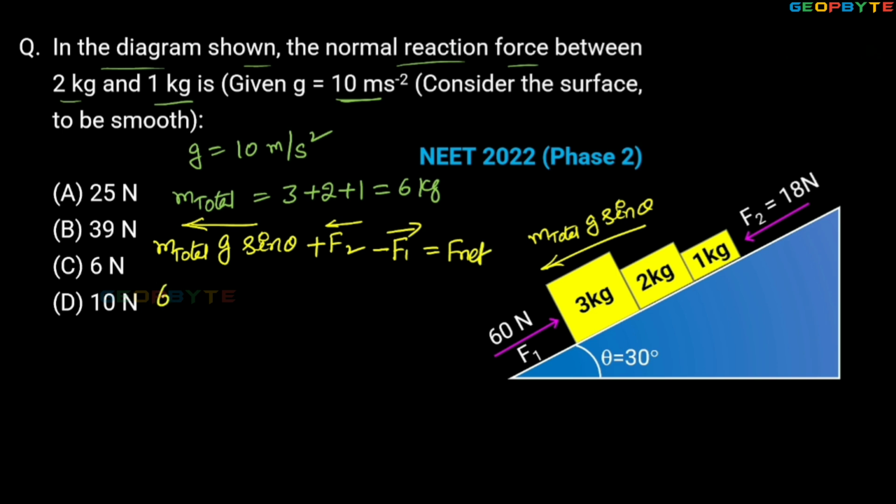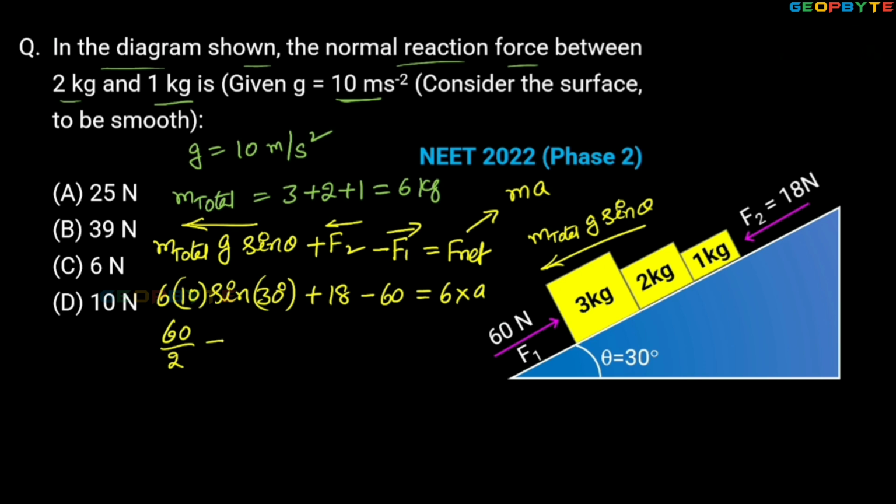M total is 6, into g 10, into sine theta. Sine 30 degrees, plus F2 18, minus F1 60, equals total mass 6 kg times the acceleration. That is 6 into 10 into 1 by 2, plus 18 minus 60, equals 6 times a.